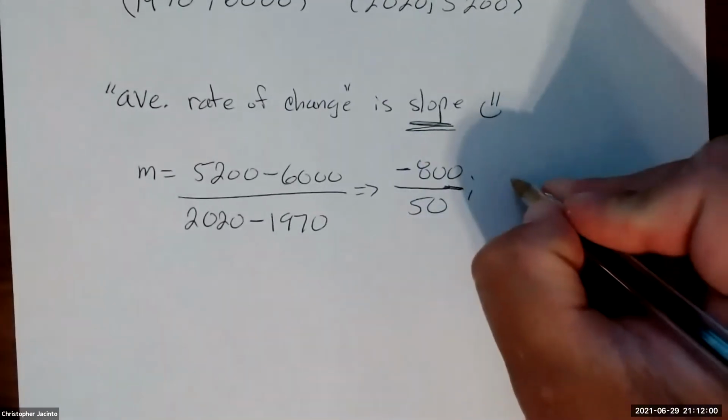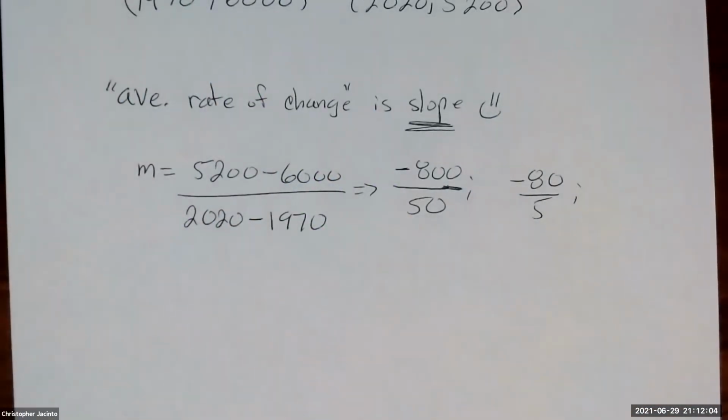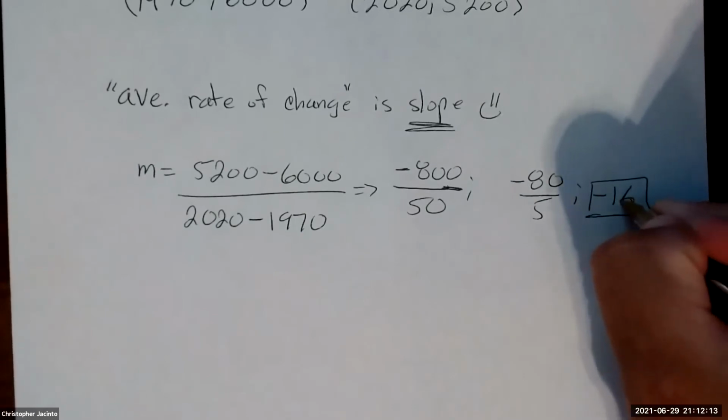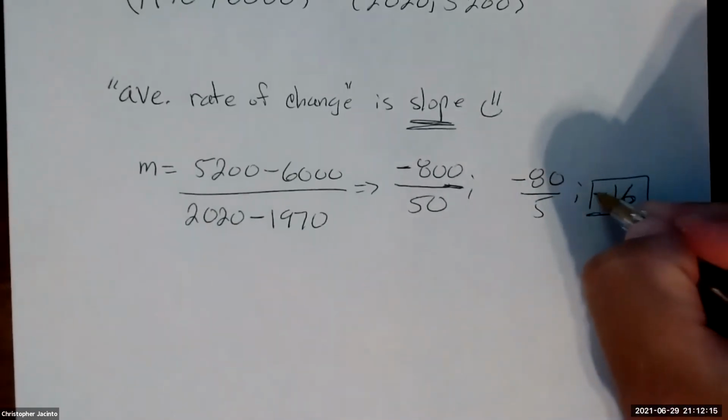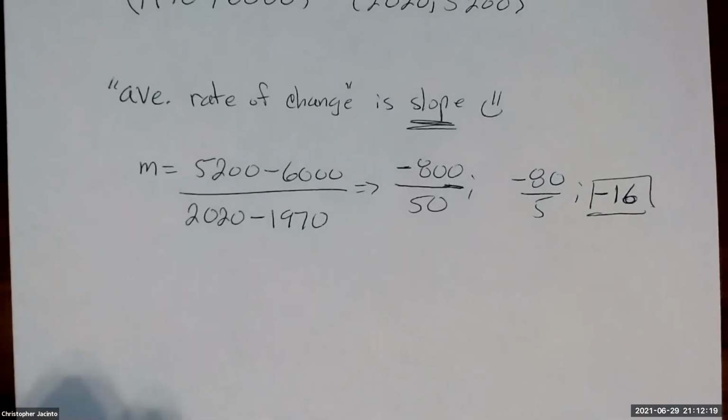If you simplify, I think you get negative 80 over 5. And if you want a decimal, it goes in nicely. Negative 16 is your slope. Very similar to what you would do for your homework.